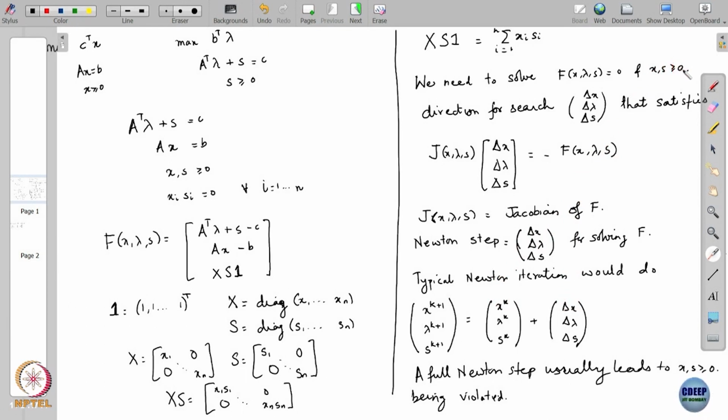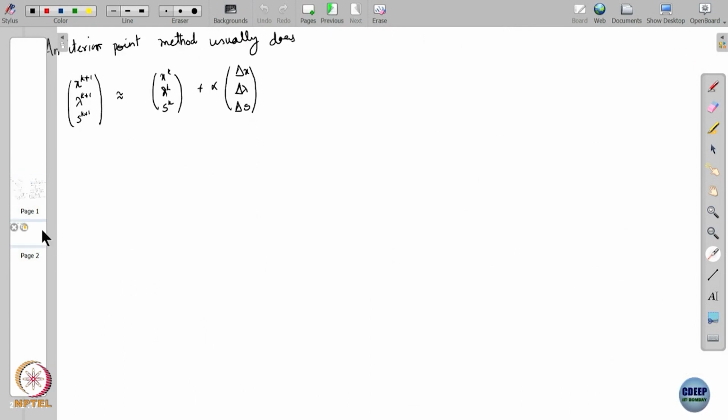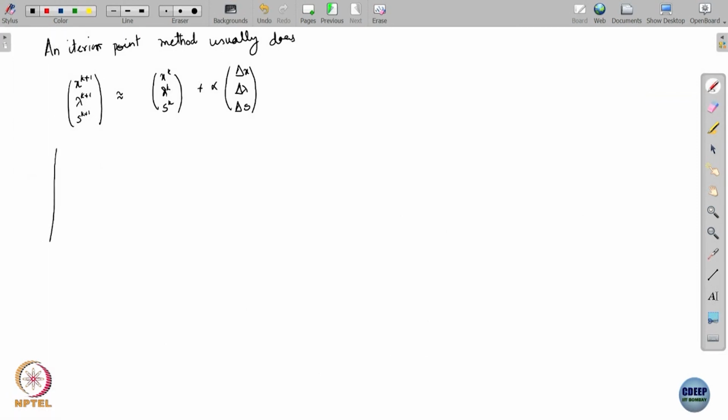So, you keep going along the Newton direction, and you stop when you hit one of these quadrant half spaces. That would then take your iteration in this sort of manner. If these were your axes, say this is the x axis and this is the s axis, it would take your iteration here, then here, then here, then here, then here, then here, and so on.